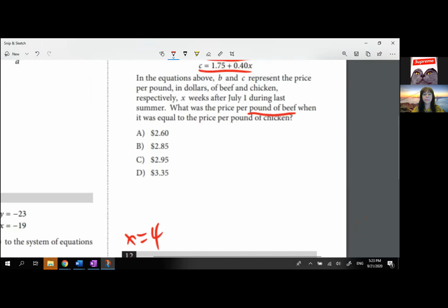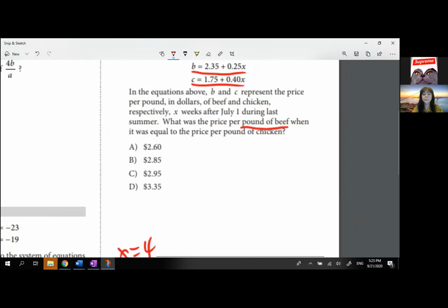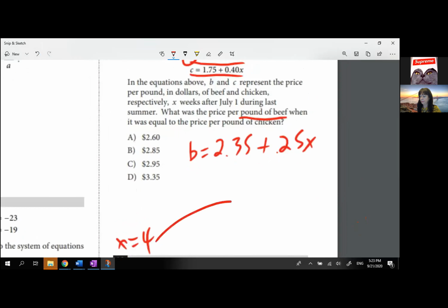So, okay. So we've decided that x equals 4, right? And it's asking for what was the price per pound of beef. So what we've got to do is plug in our x equals 4 into the b equation. So if b equals 2.35 plus 0.25x, we got to plug in our x equals 4 right there.